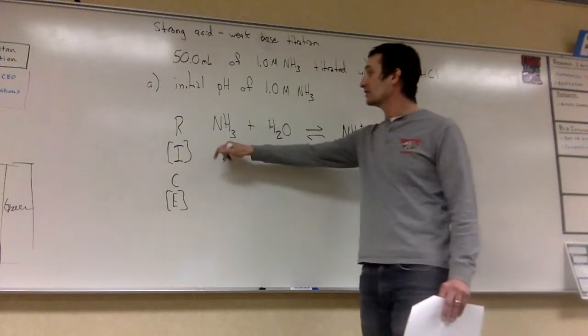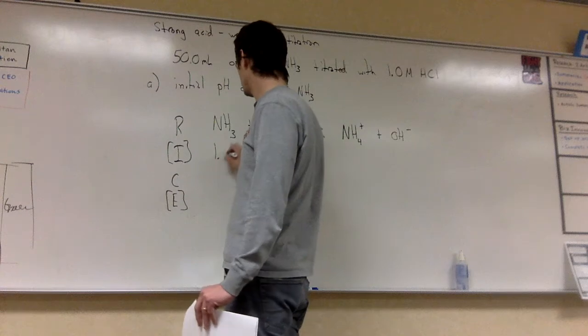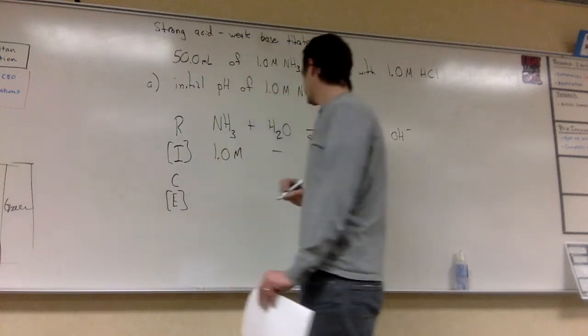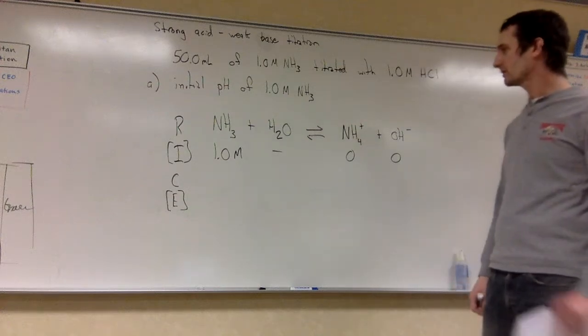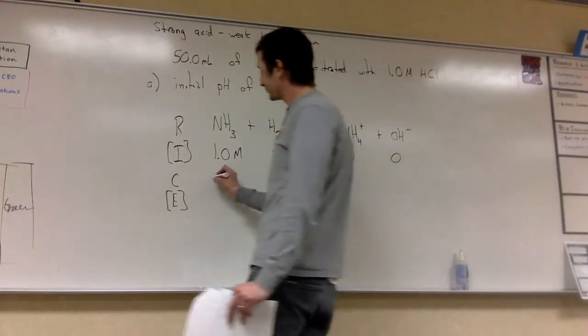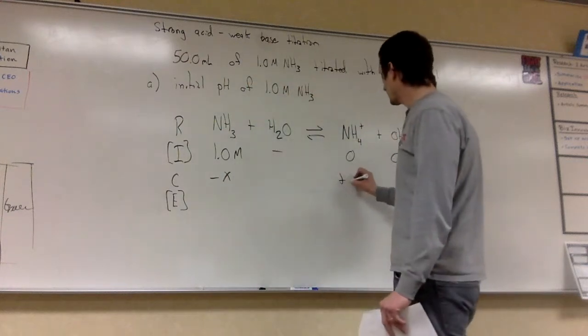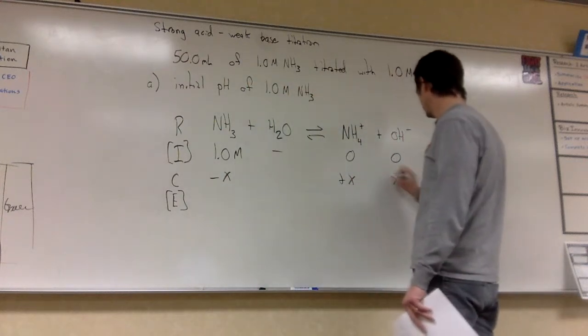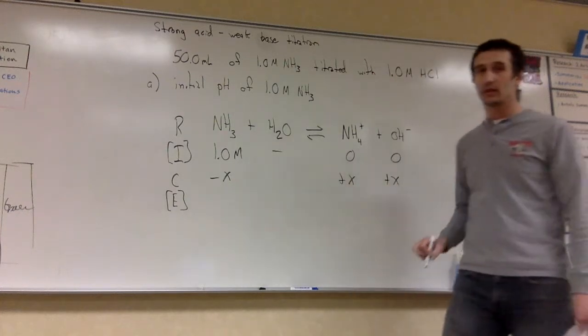The initial concentration of the ammonia is 1 molar. I don't care about the water. Initially, you've got none of the products. The change: we lose X from the reactant side and gain X on the product side.